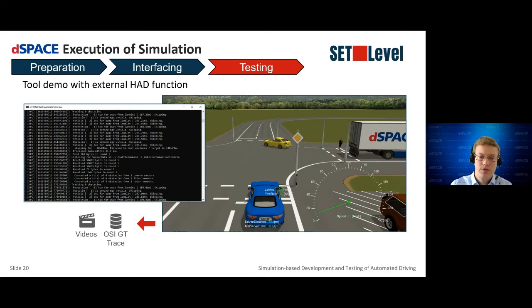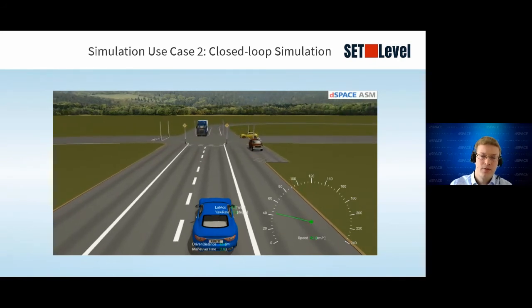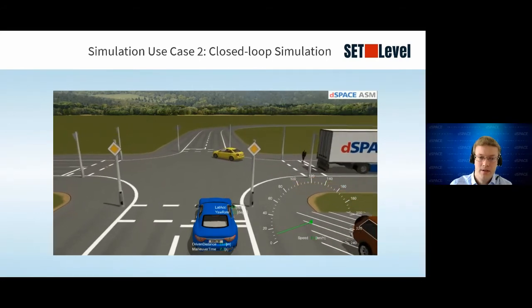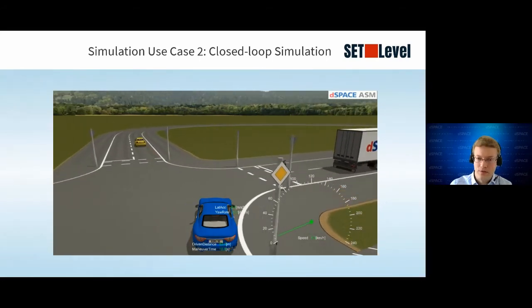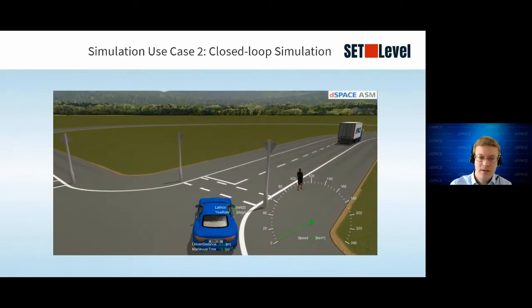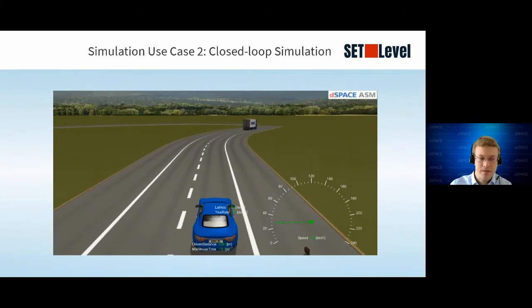Now let's watch. So the ego vehicle starts with a velocity of 50 kilometers per hour. We can see the truck turning before the vehicle, and ego brakes when it approaches the crossroad. Now it must wait a bit to let the pedestrian pass, and after the turn, the pedestrian on the sidewalk can be safely passed.